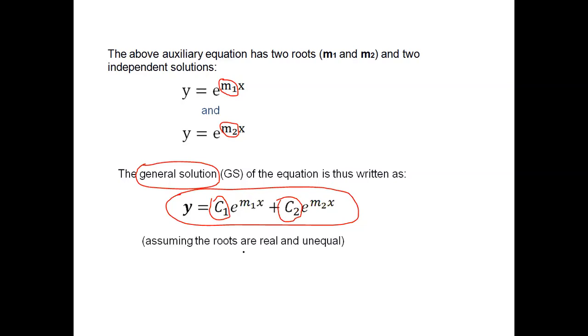Okay, so here we are assuming that the roots or the solutions to the characteristic equation, or the auxiliary equation, are real and unequal, or different. This is the general solution.